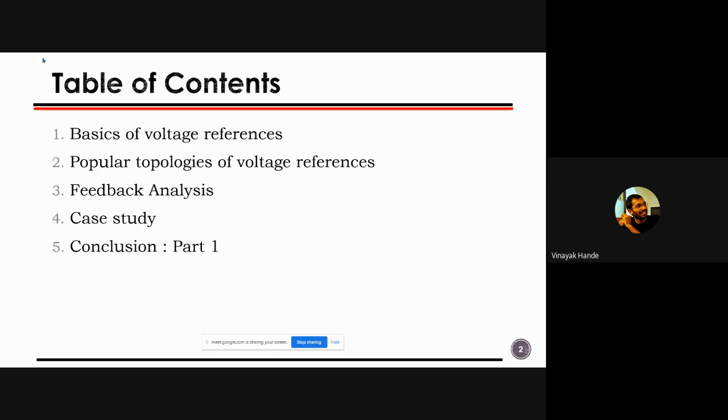What we are going to see today in the table of contents: first of all, we'll go with the basics of voltage reference. Then we'll quickly go through some popular topologies of voltage references.